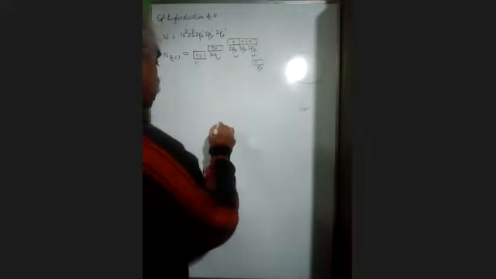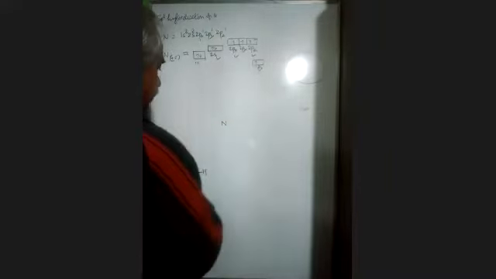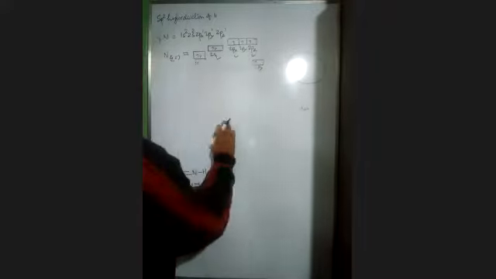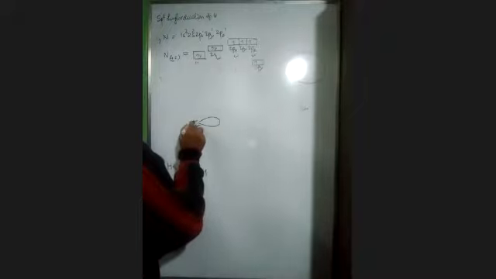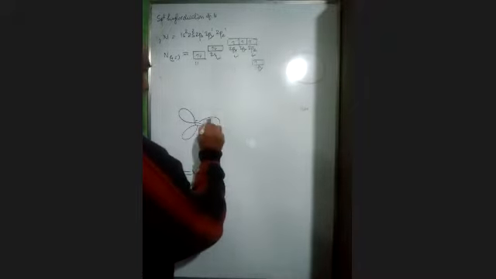I'll draw nitrogen. See this, I told you, any atom where you have a double bond, both the atoms are sp2 hybridized. So now we know how to draw the hybridized orbitals of carbon, sp2 hybridized. Okay, see here.